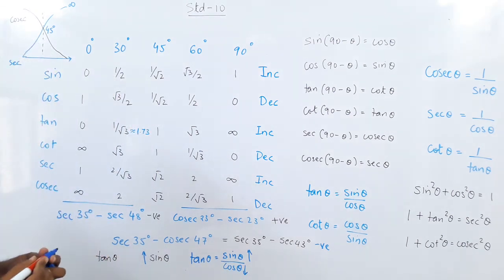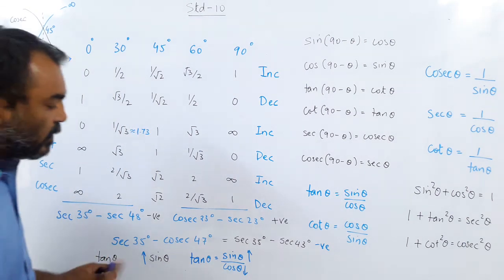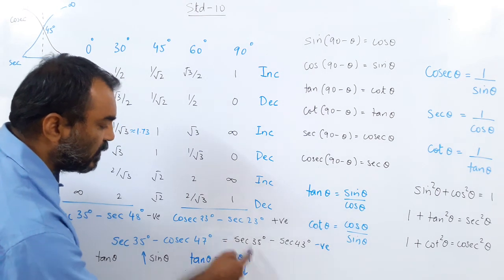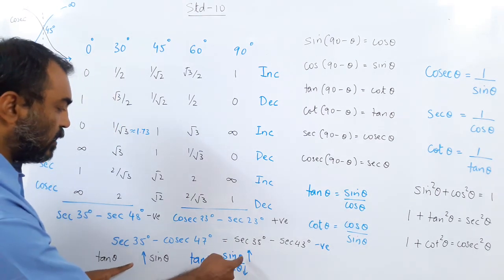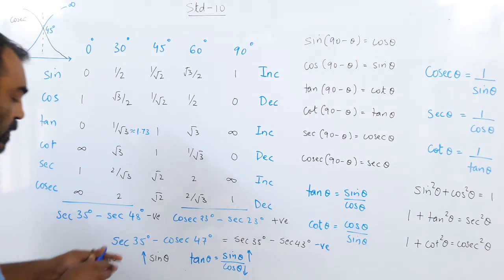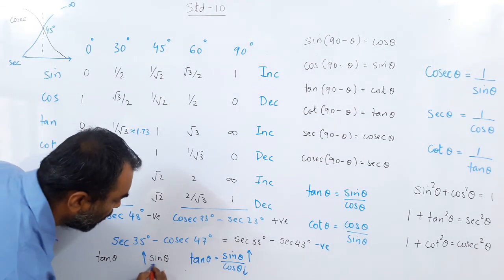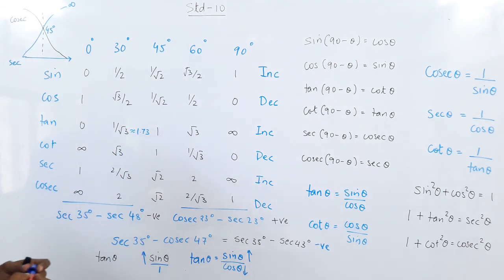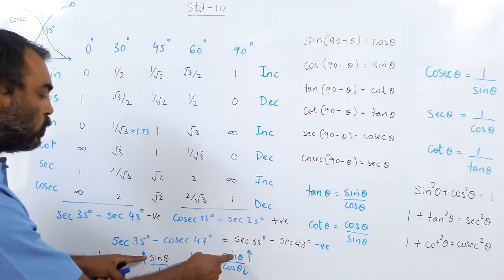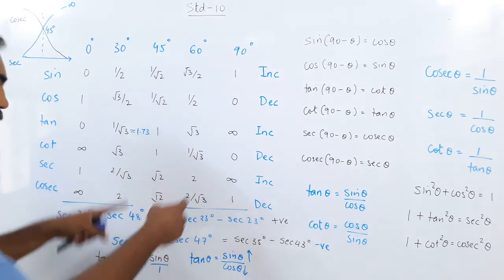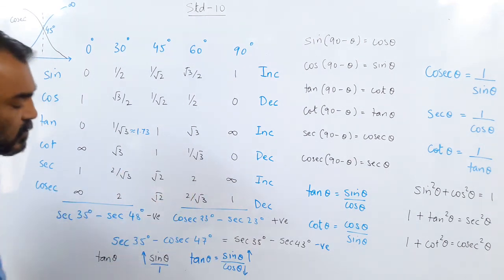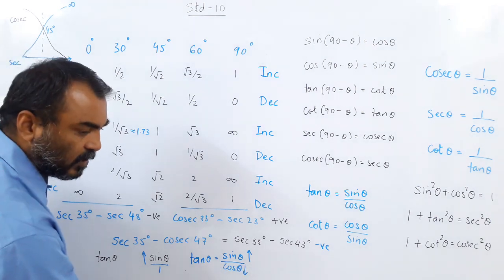So what does it mean? As the denominator decreases, the value of this increases. The numerators are both increasing at the same rate. I can write sin theta as sin theta upon 1. So now I have got two things. Both the numerators are increasing at the same rate. Here the denominator is fixed, but here the denominator is decreasing.